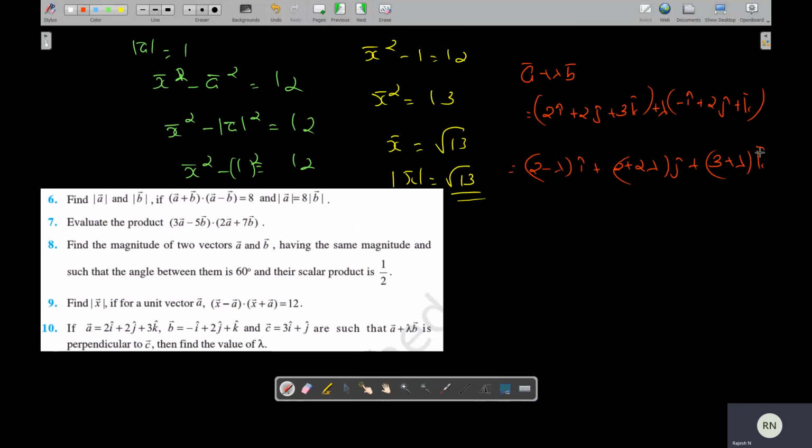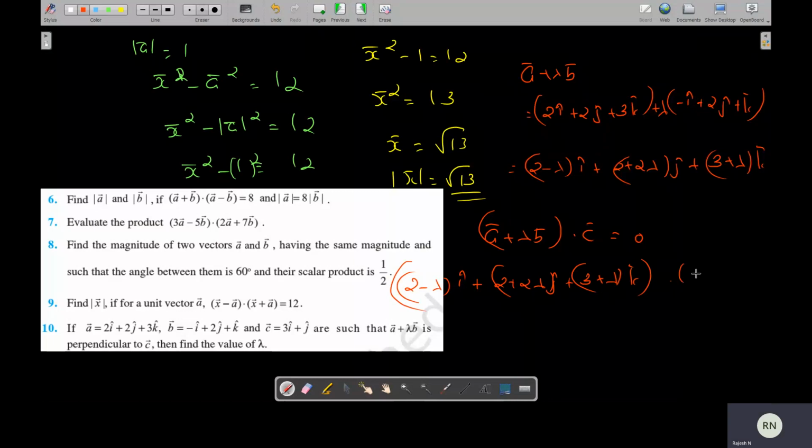This a bar plus lambda b bar is perpendicular to c bar. Since a bar plus lambda b bar is perpendicular to c bar, what can you write? (a bar plus lambda b bar) dot c bar is equal to 0. Therefore, (2 minus lambda) i cap plus 2 lambda j cap plus (3 plus lambda) k cap dot c bar, which is 3 i cap plus j cap, is equal to 0.